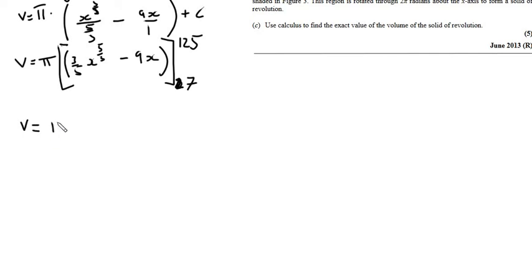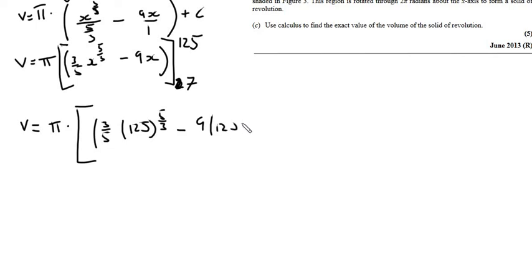So this is equal to pi times 3 over 5, and we're going to sub in 125, sorry, 125 to the 5/3, minus 9 times 125, all minus 3/5 times 27 to the 5/3 minus 9 times 27.